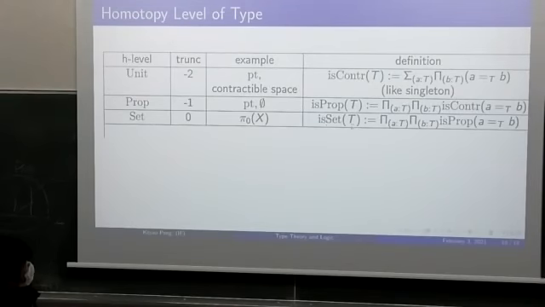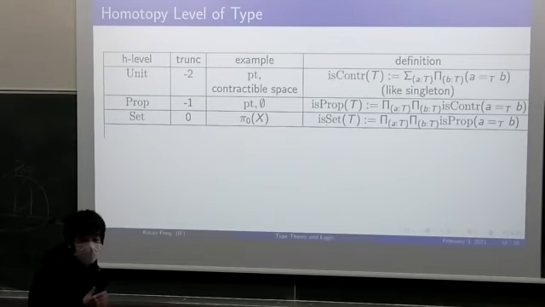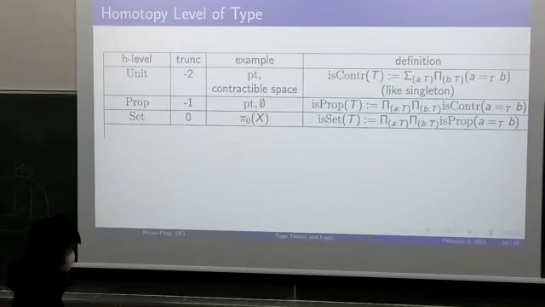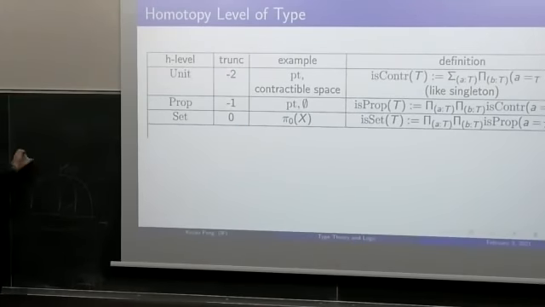It's a set. What the set is, is that the equality of two elements of a set is whether equal or not. So we just have this to resolve that.